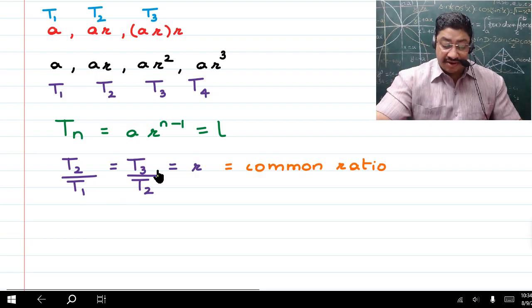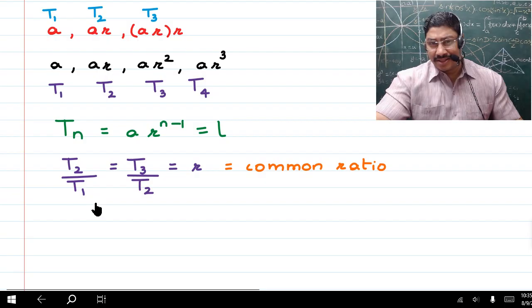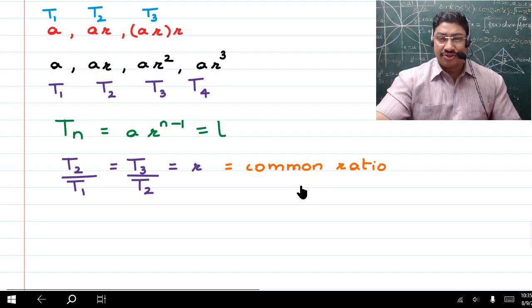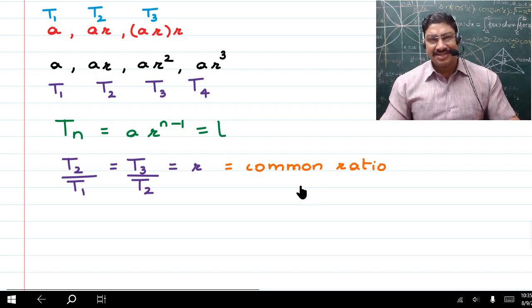So here, if we divide the third term by the second term, or the second term by the first term, or even the 20th term by the 19th term, we will get the common ratio, and children, it is represented by small r. So is everybody clear about all of this? This is pretty simple, right?